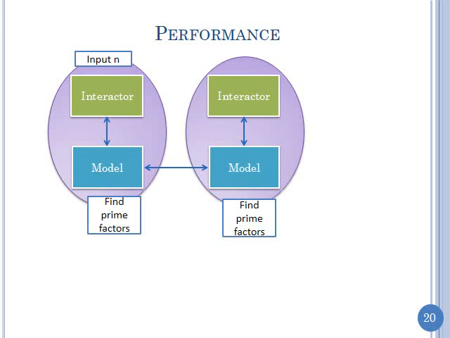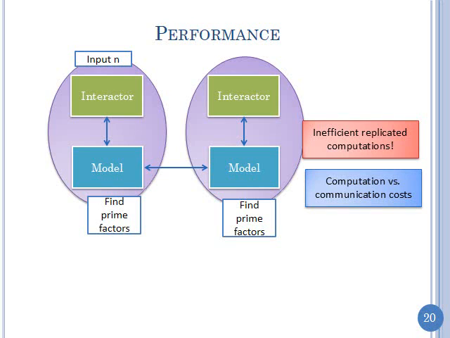Okay, so we have inefficient replicated computations, and the reason why we often do replicate is because we get local response. We don't have to go over the network. Just balance going over the network against the computation time. Okay, so there's computation versus communication costs, and you have to figure out that it's okay to replicate. Otherwise, we'll just centralize it, and it's going to take forever anyway.